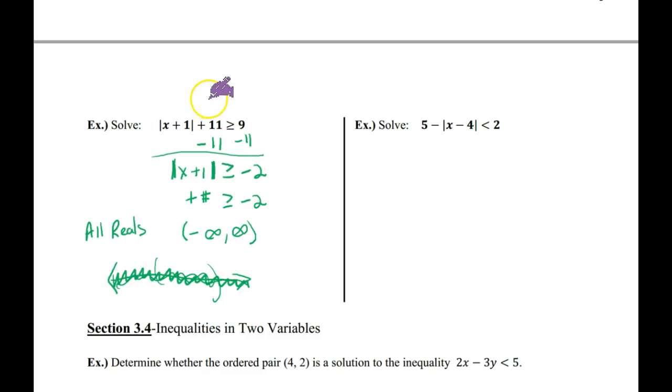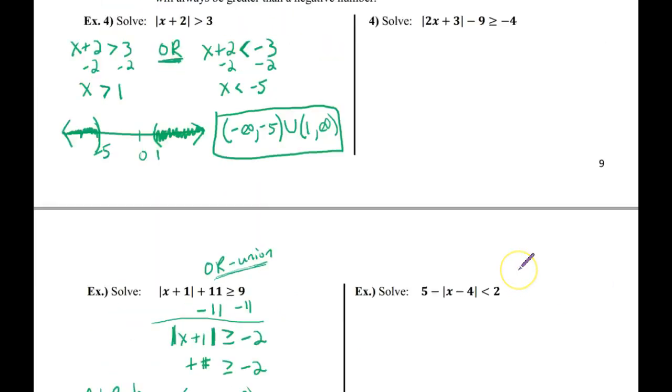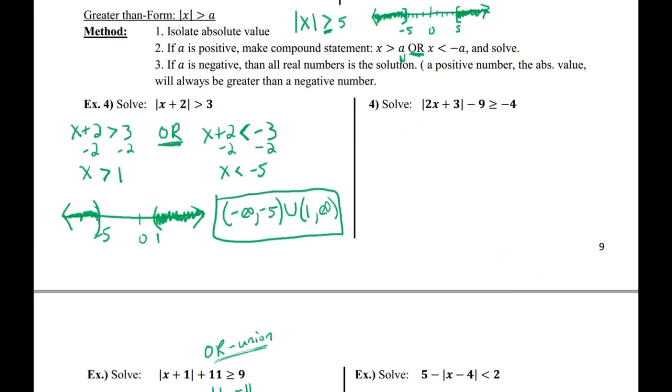And since it's an OR statement, the union, we take everything that we've shaded, which is everything. So if you forget, you can still get the same answer as long as you realize that a greater than is going to be an OR or a union statement, a disjunction. All right, go ahead and try the two on the right.